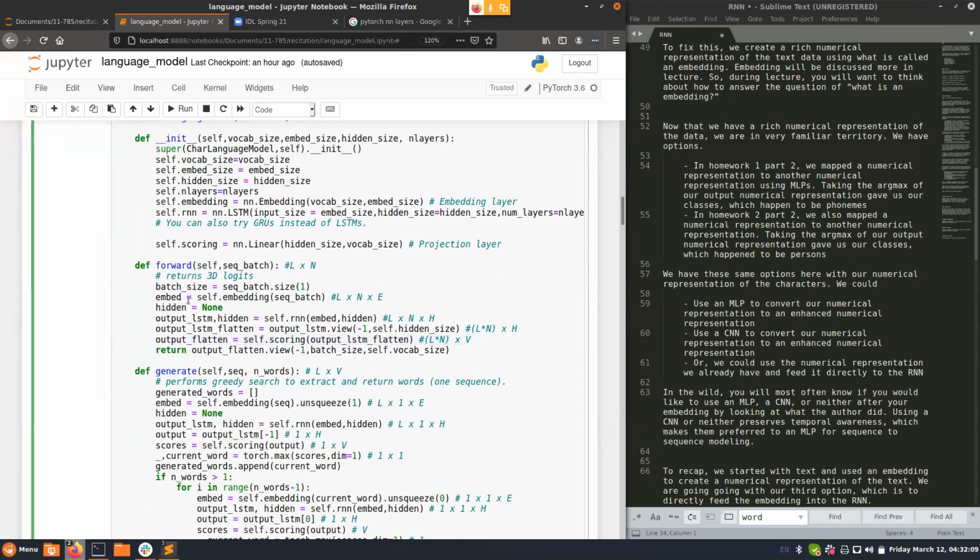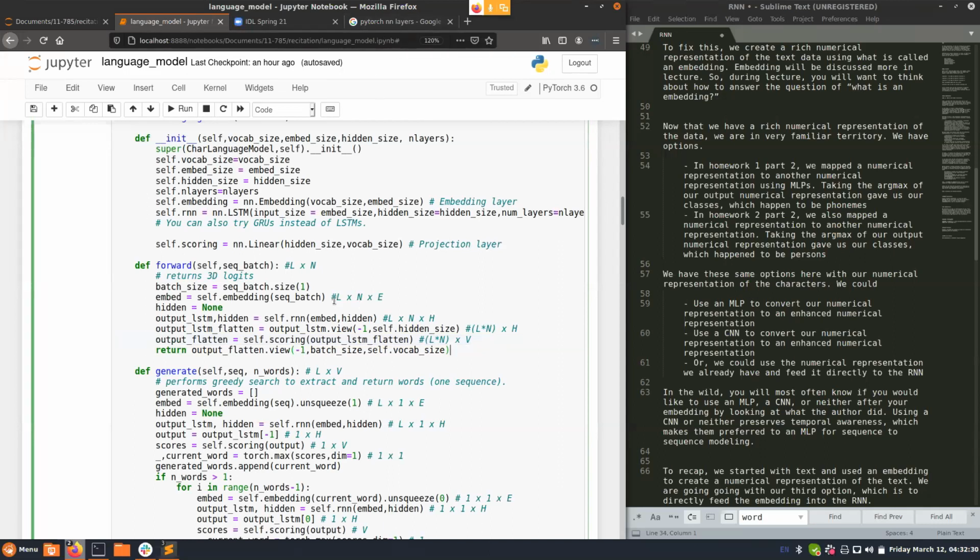So that's what we're doing here. We're going from an embedding to an RNN layer through a linear layer, and that linear layer is our simplified MLP.